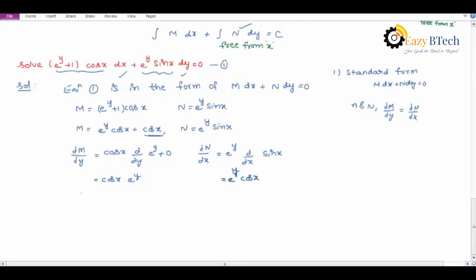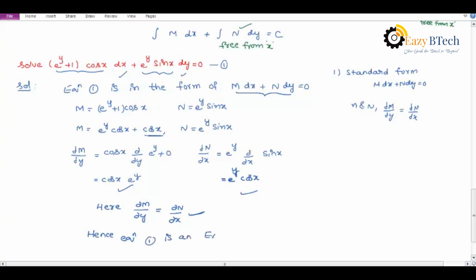Observe these two values, students: e^y cos x, e^y cos x. Here ∂M/∂y is equal to ∂N/∂x. It is nothing but the exactness condition, students. If any standard form equation satisfies this condition, so we can say that equation 1 is an exact equation.